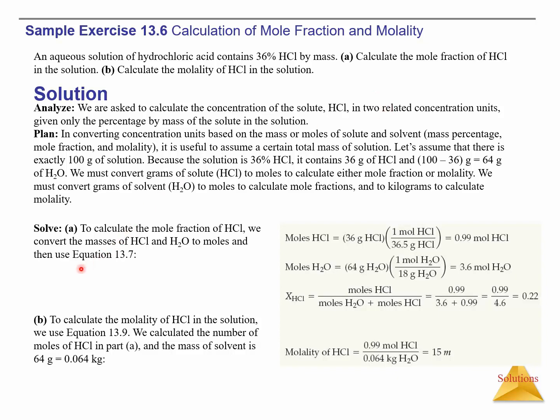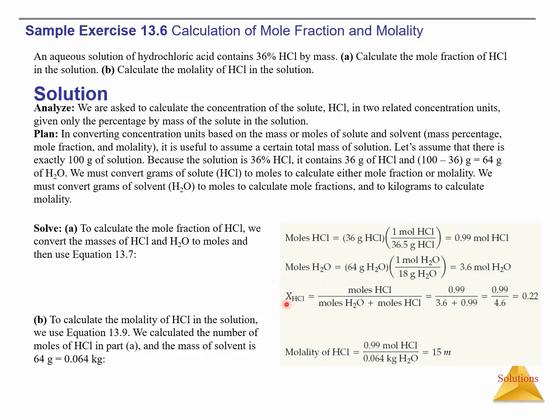So here, to solve A, to calculate the mole fraction of HCl, we convert the masses of HCl and H2O to moles. Moles of HCl equal 36 divided by the molar mass of HCl, 36.5, and this is the number, 0.99 mole HCl. Moles of water, 64 divided by 18, the molar mass of water, equal 3.6 mole of water.